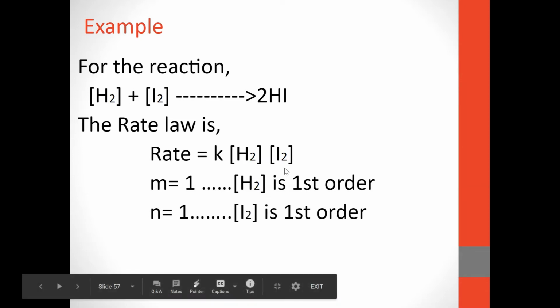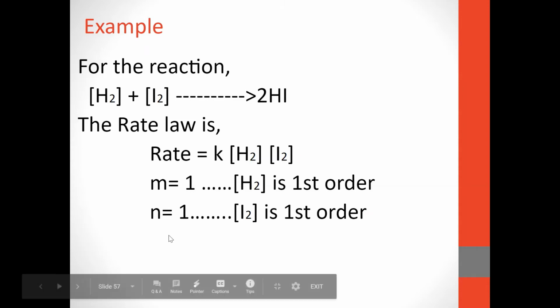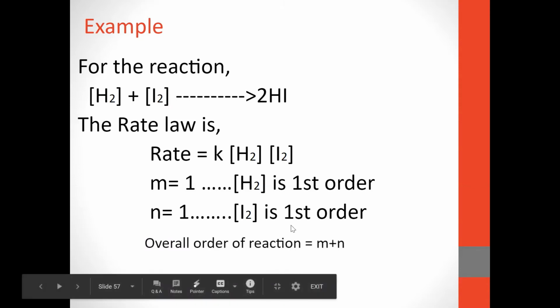For the concentration of reactant B raised to n, here I2 is raised to 1. Therefore, the order is first order. The overall order of reaction is equal to m plus n. Here m is equal to 1, n is equal to 1.